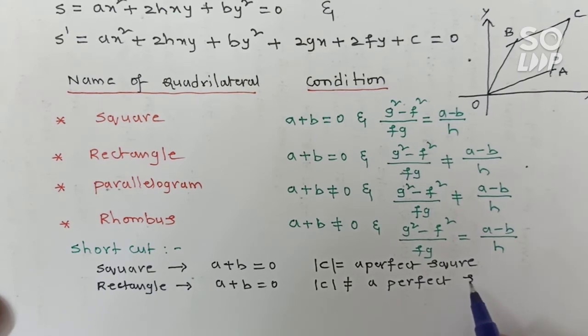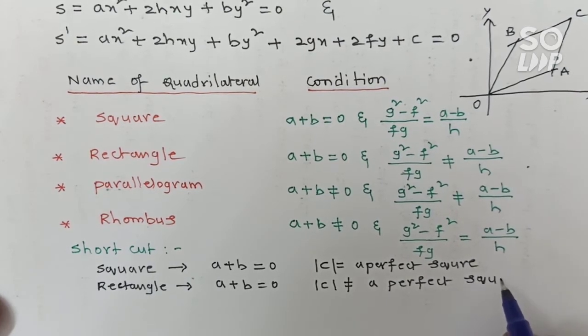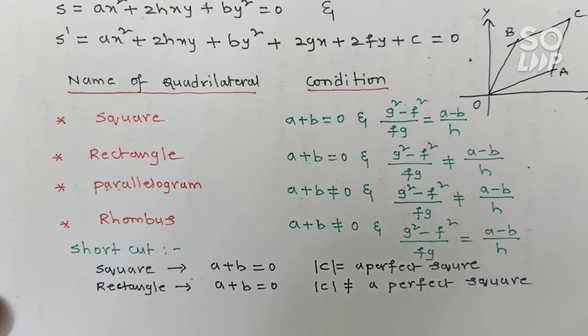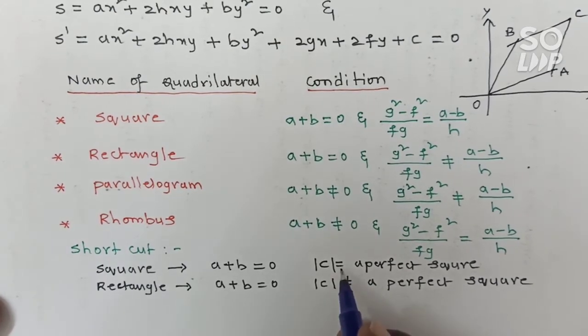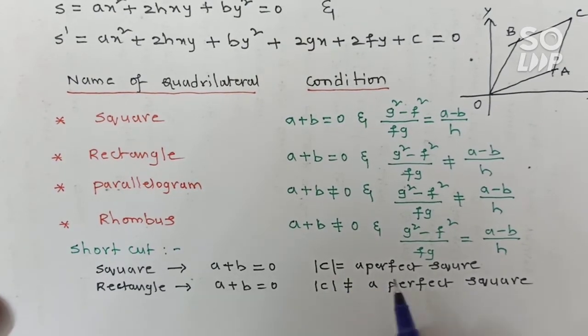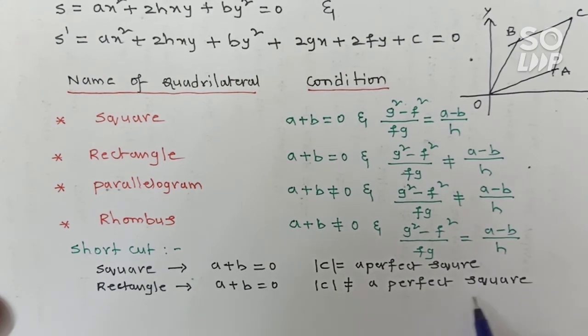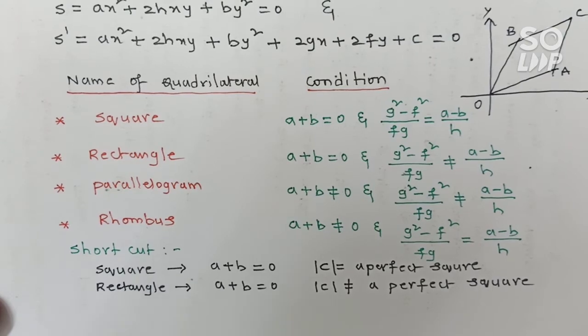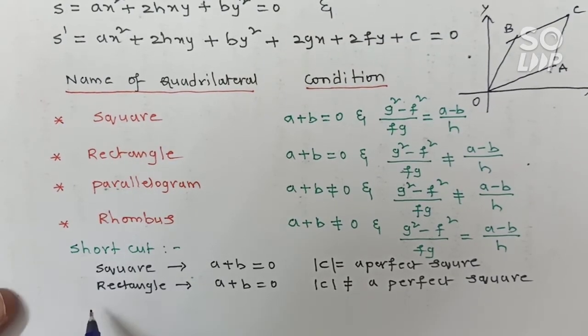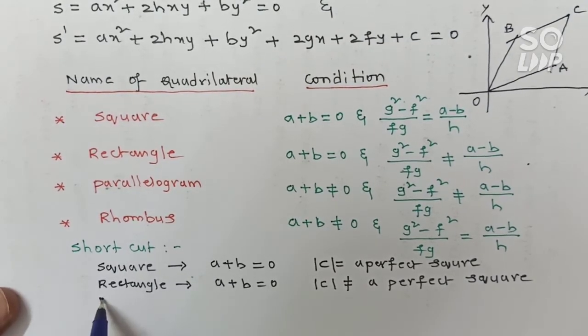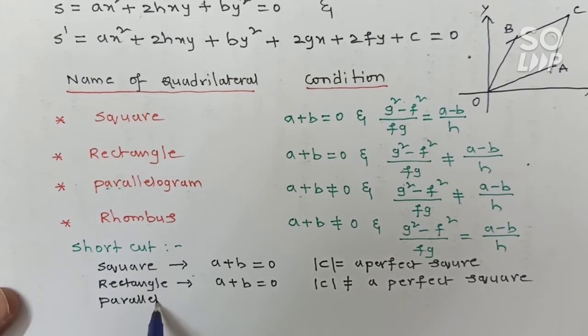Equals means it is a perfect square; not equals means it is not a perfect square. And next is the parallelogram.